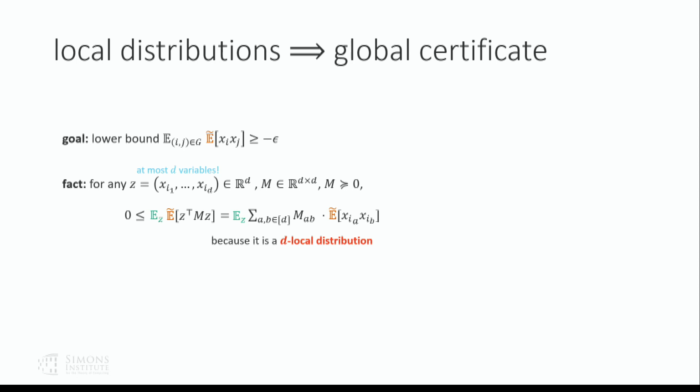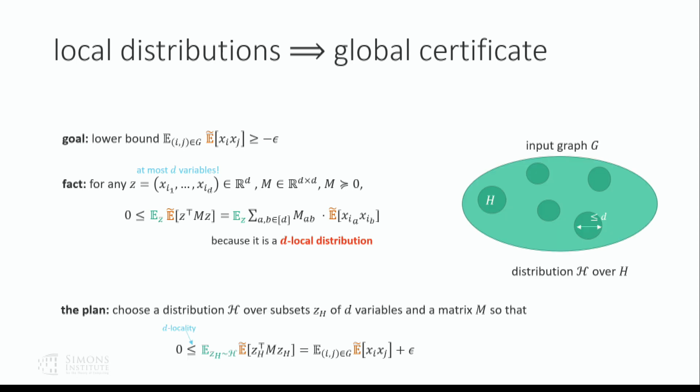So our plan is to choose a distribution over subsets of at most d variables in the graph, and a specific positive semidefinite matrix M, so that from d locality this expected quadratic form is non-negative. But by our choice of this distribution and this matrix, we're going to get that this is equal to the expectation across an edge in the graph of the pseudo correlation across the edge plus some small constant epsilon. So this will give us our goal.